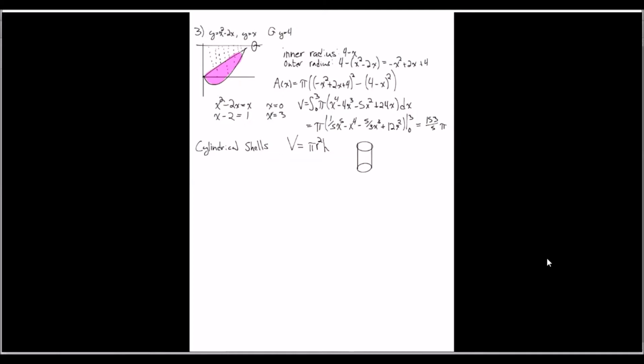Okay, so for number 4, we're going to be looking at y equals x minus 1, x minus 3 squared. And then we're going to rotate this around the y-axis.